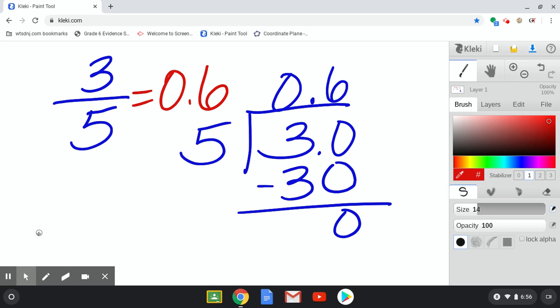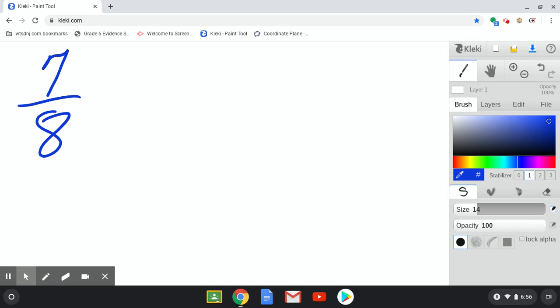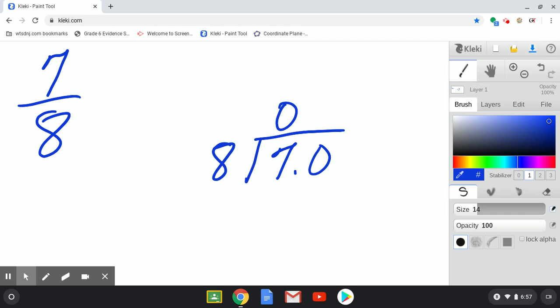Okay, we'll try one more. Let's say I had 7/8. So I'm going to take 7 divided by 8. 8 goes into 7 0 times. I'm going to add my decimal and my 0, bring up my decimal right away. So 8 goes into 70 how many times without going over? Well, I know 8 times 8 is 64, and 8 times 9 is 72. So 9 is too much.